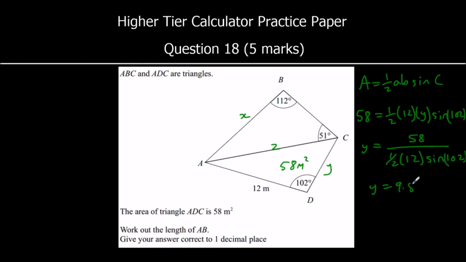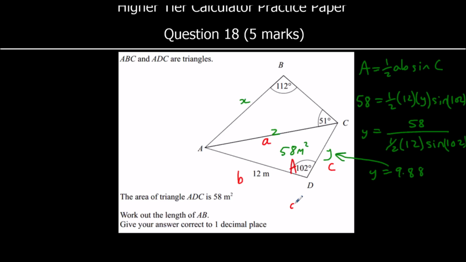We've got 9.88 here. Then we can use the cosine rule. Big A, little a, and B and C. So the cosine rule says a squared equals b squared plus c squared minus 2bc cos a.